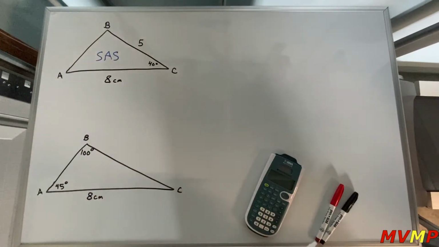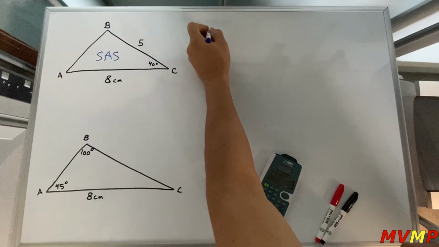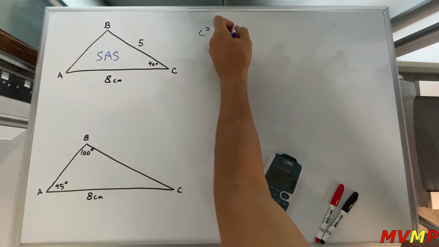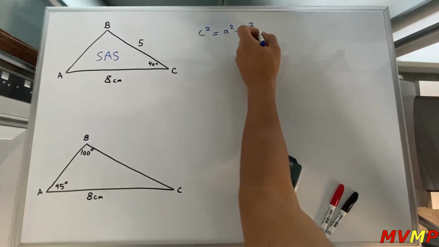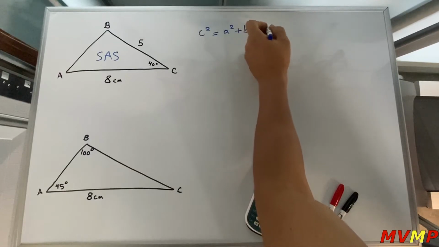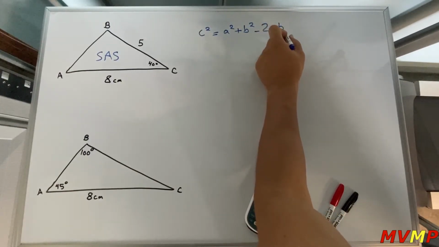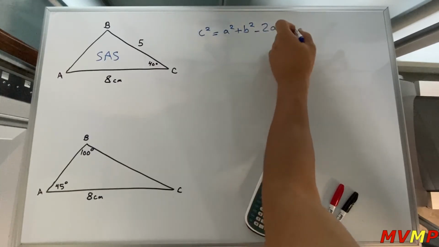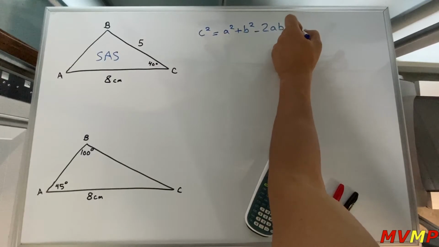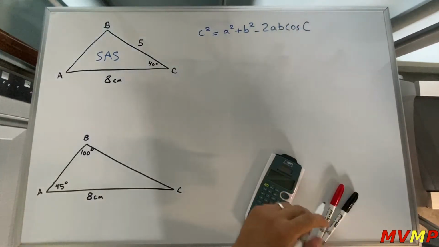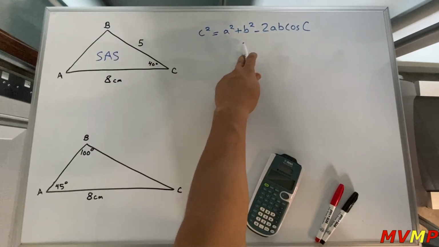So we are going to use the law of cosines, which in this case would be c squared equals a squared plus b squared minus 2ab, which are the two sides that correlate with these, cosine C. Because we're looking for c, the cosine relates to that over there.